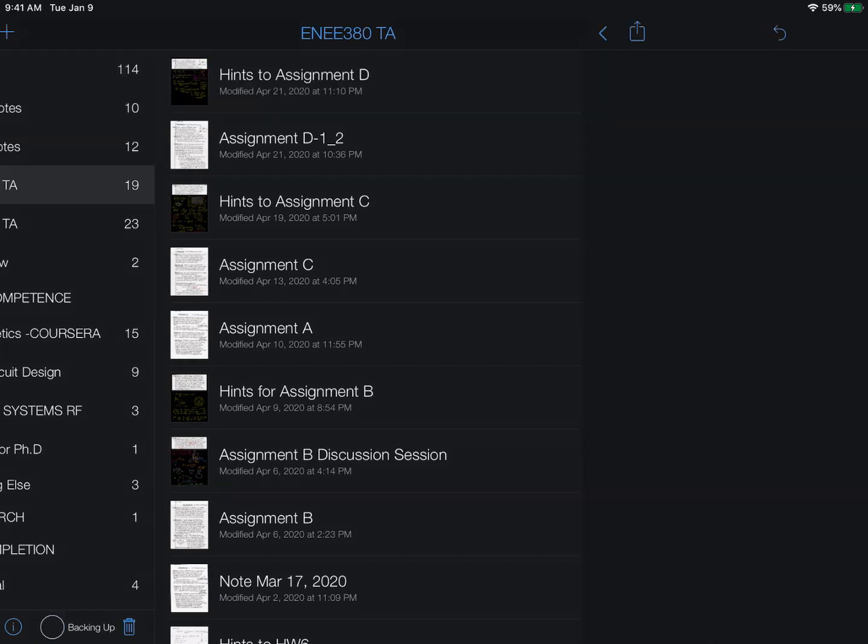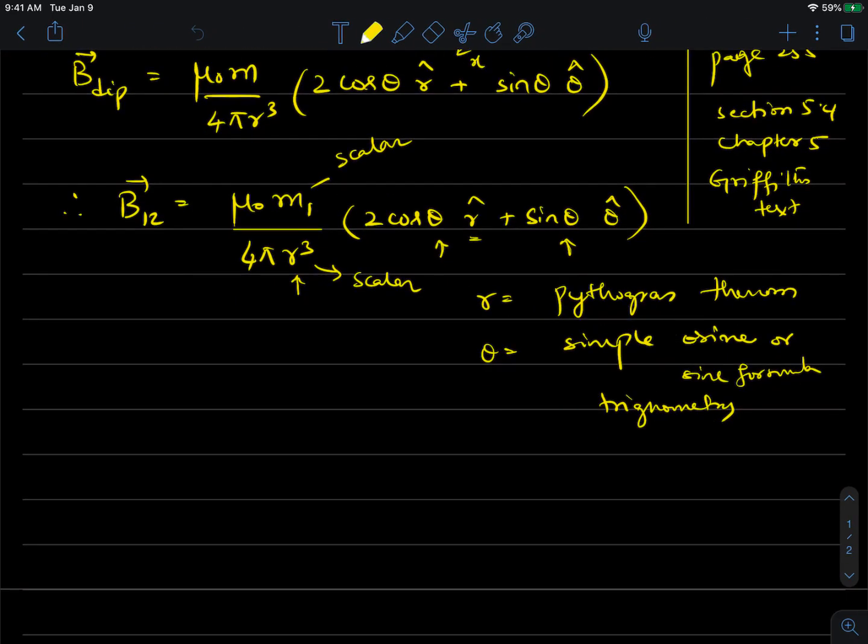So once you find r and theta, substitute those values here and find the value of B12. B12 is basically a vector in spherical coordinates.